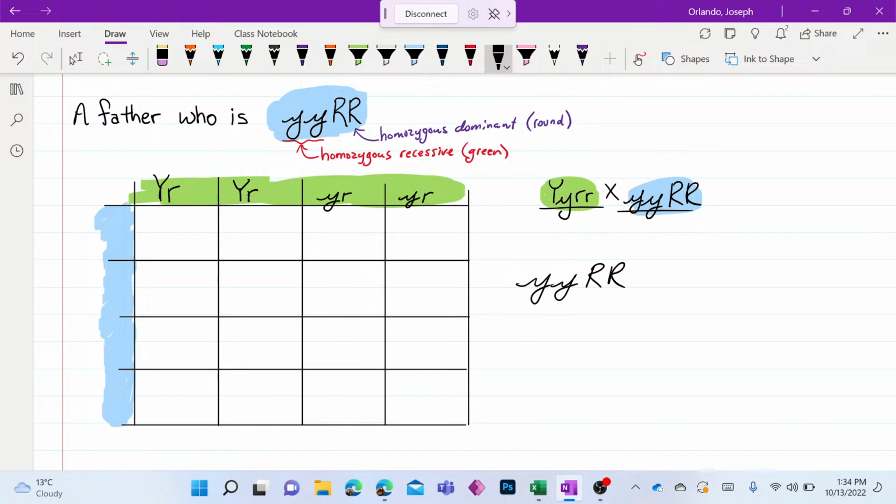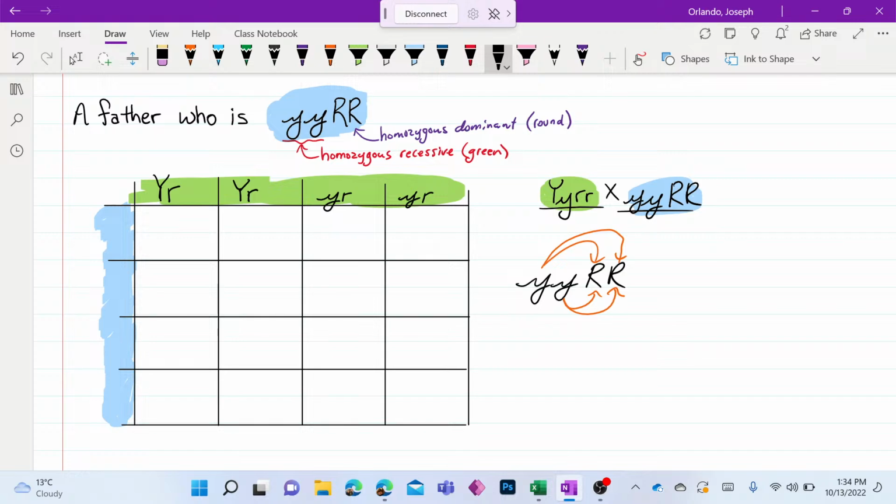So what are the possible combinations? No matter what you do, you're going to get little y with big R. Not the most exciting combination, but does everyone understand why all four of these are going to be the same?